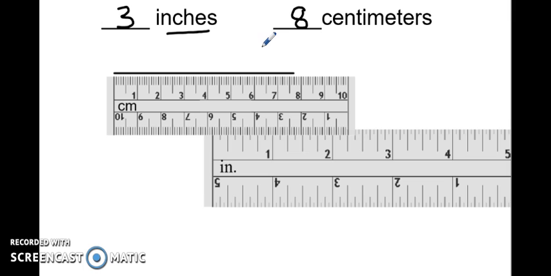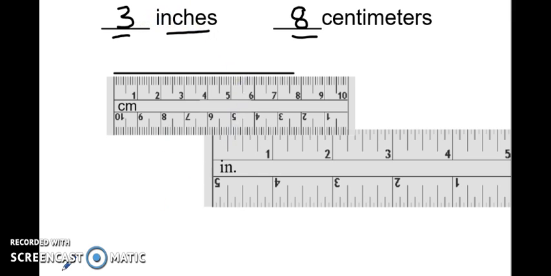So the measurements are both correct, but because the units we used were different, the measurement numbers are also different. So centimeters are always going to be a bigger number when you're measuring an object because these centimeters are smaller units than the inches.